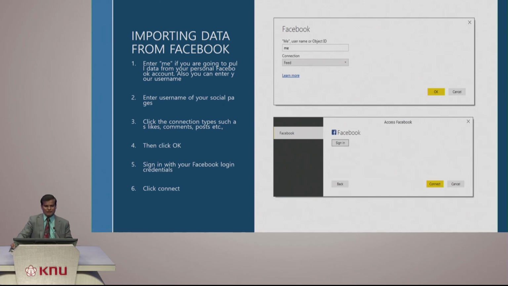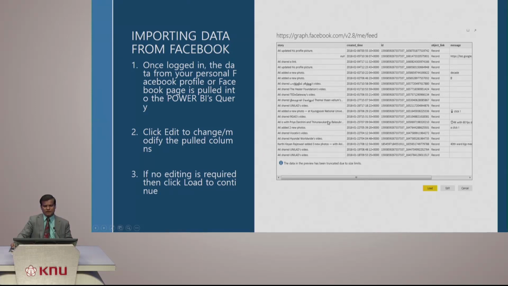Once you choose that, you have to sign in for authentication, and after that you can see all the feeds. Once logged in, the data from the personal Facebook profile or Facebook page has been pulled into the Power BI query.